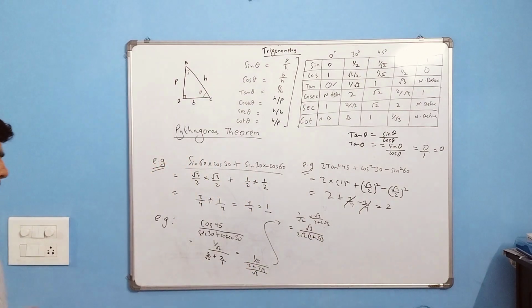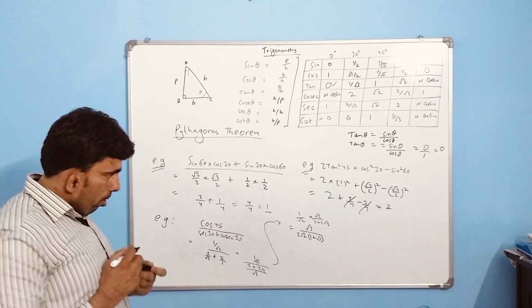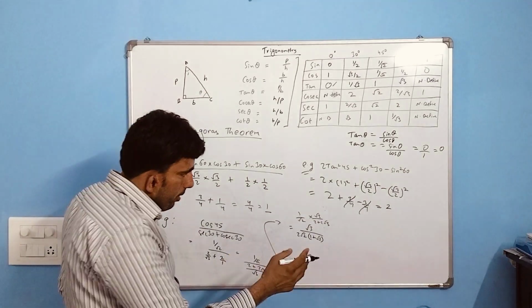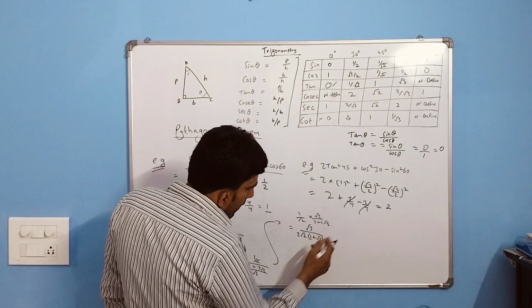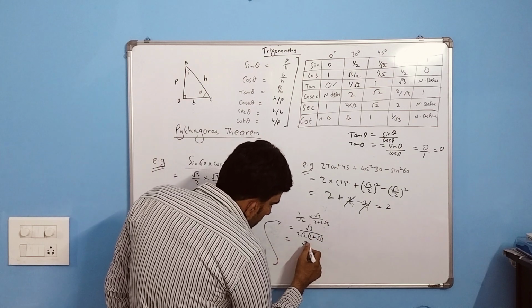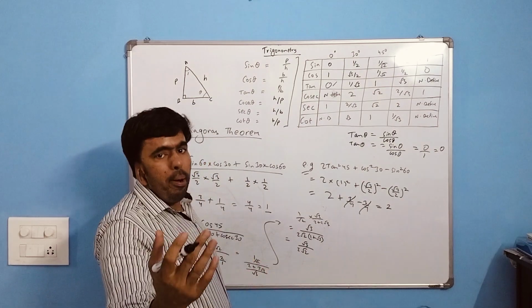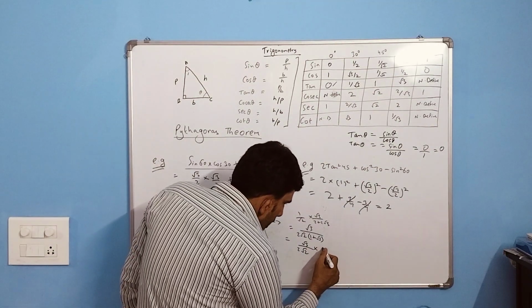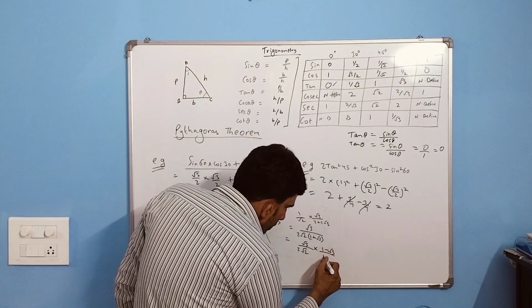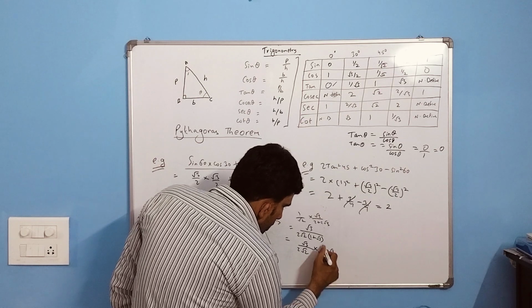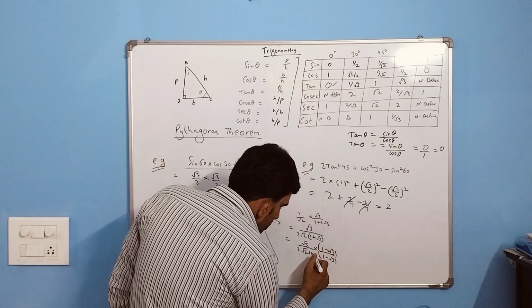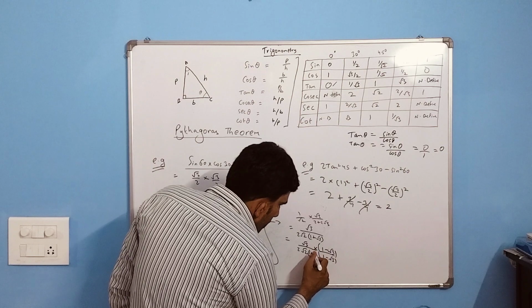Okay, so that is how we are able to solve this, or you can simplify it further by just rationalizing it. If you rationalize, what will you get? Let's rationalize one by one. So you can take 1 minus root 3, 1 minus root 3, and here 1 plus root 3.